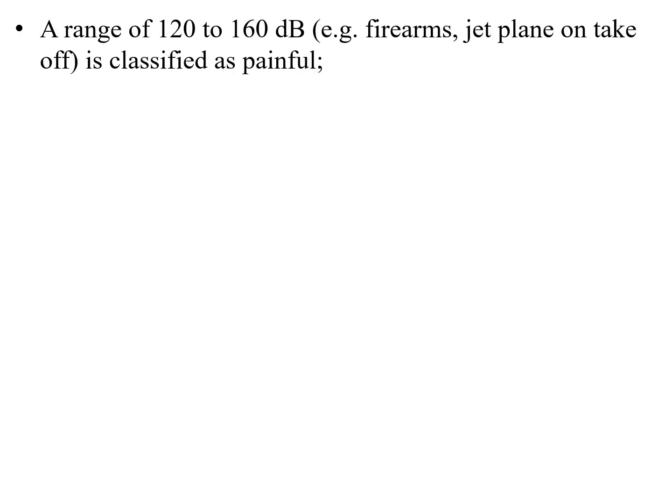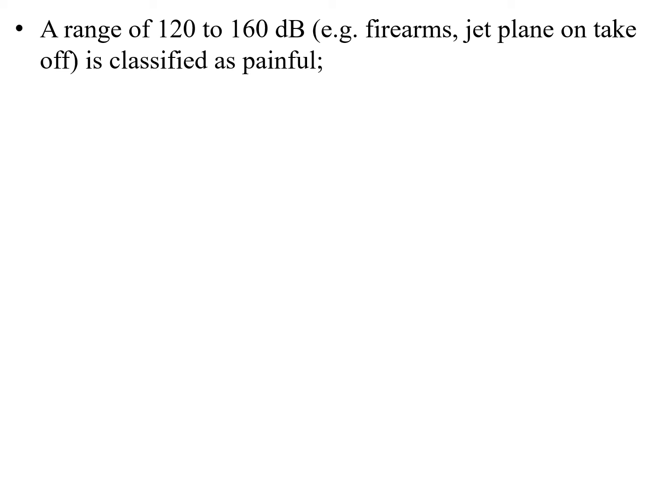There are different ranges of decibel for which different nomenclatures have been given on the basis of our subjective feeling. It has been found sounds that cause sound pressure levels of 120 to 160 decibel over the eardrum are classified as painful sounds.